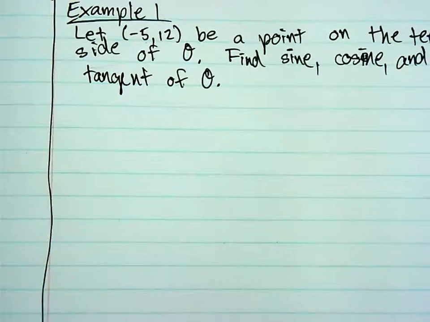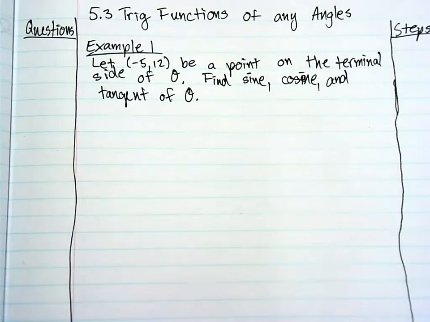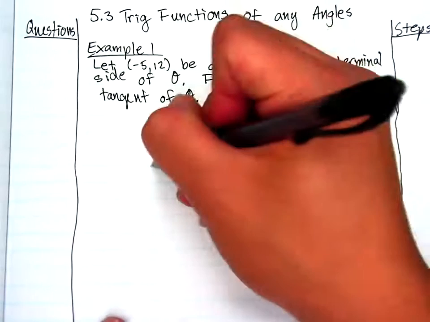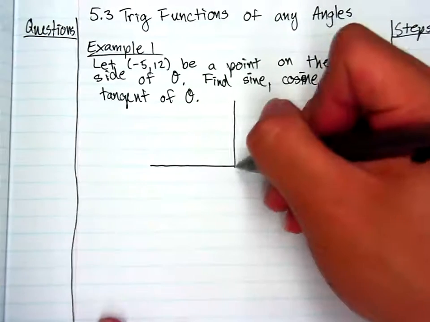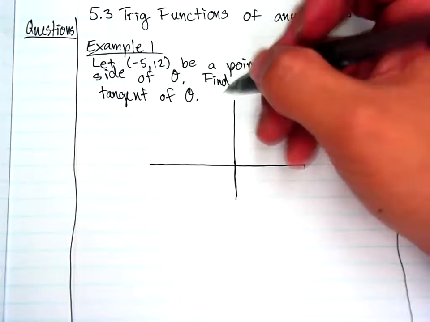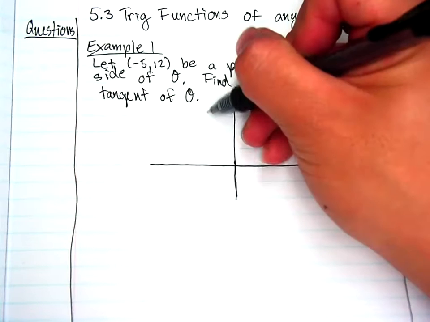Okay, so the first thing that we actually need to do for this type of problem is to sketch it out. So I'm going to draw a very rough sketch. Technically this is going to be a regular coordinate plane, and for (-5, 12) we're going to move to the left 5 units and then up by 12 units.